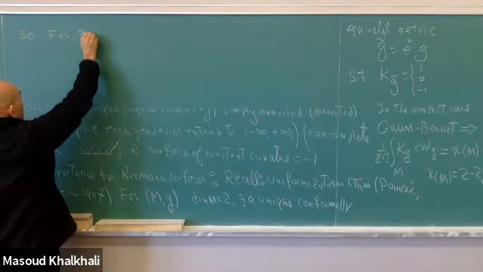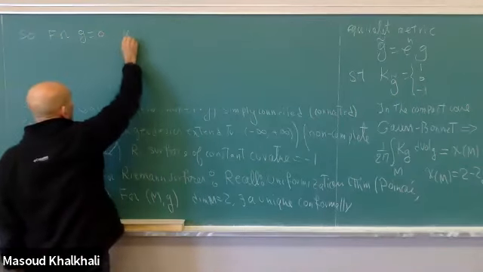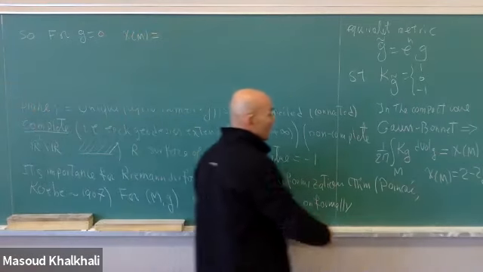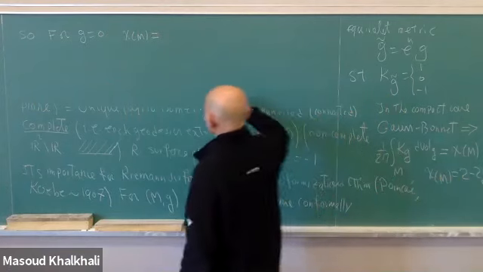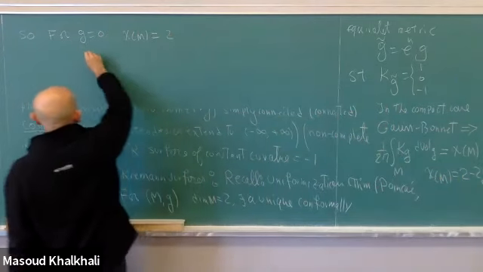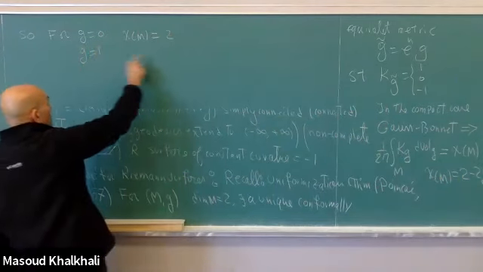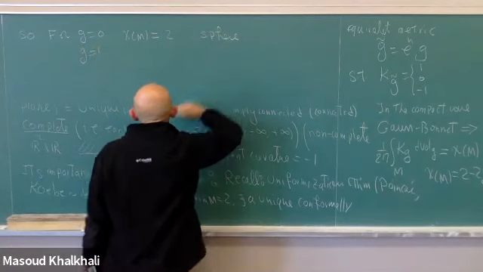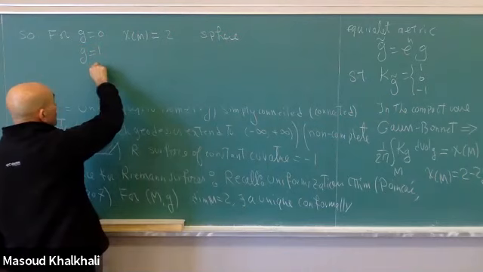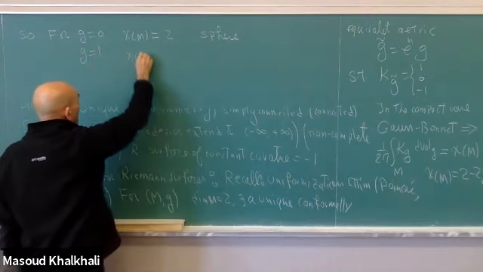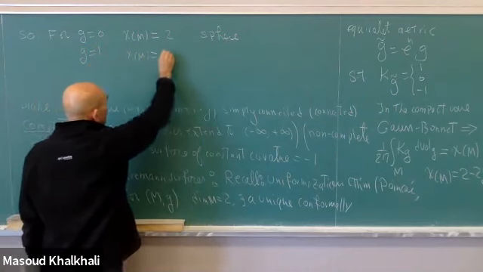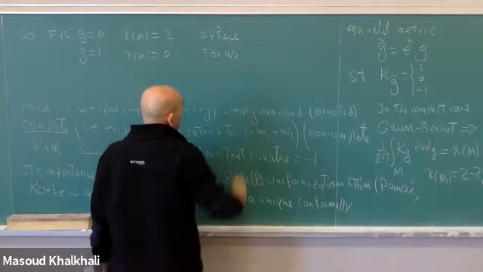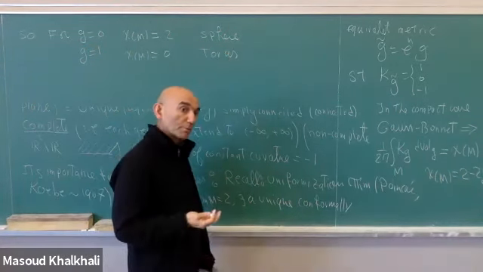For g equal to 0, chi M is a positive number, 2. This is topologically a sphere. For g equal to 1, chi M is equal to 0. This is a torus, topologically again. You're not talking about metric, just topology here.